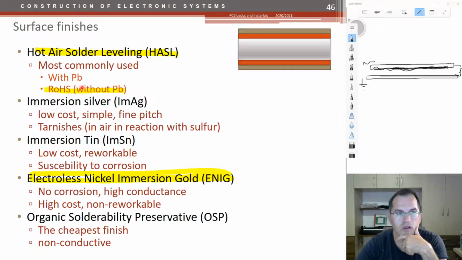This would go up to, I would say, 6 months. So 6 months is usually the shelf life of the PCBs where you use HASL coating.